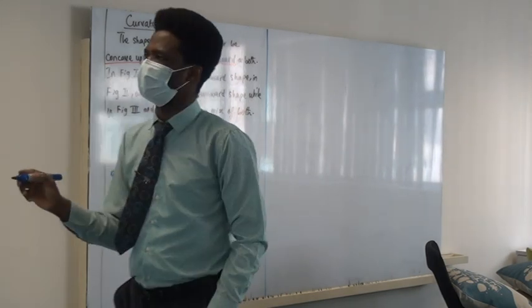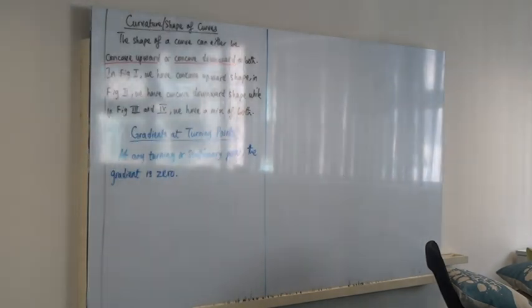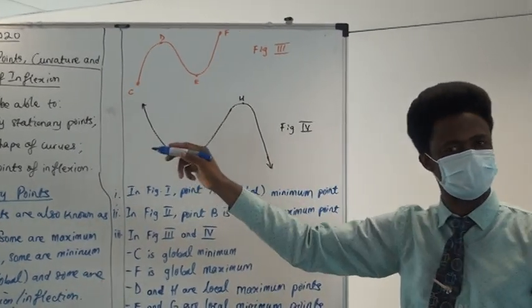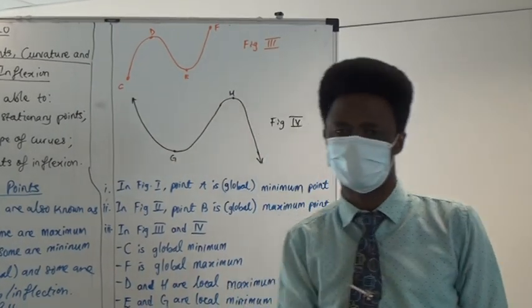And I think that is clear. At the turning point, your tangent will be horizontal. And if the tangent is horizontal, gradient is automatically 0. So that's what we mean.